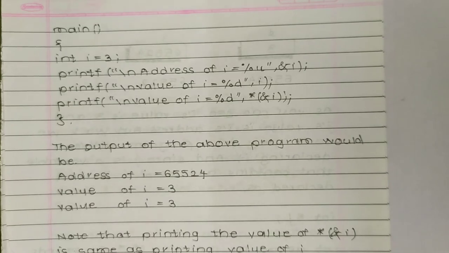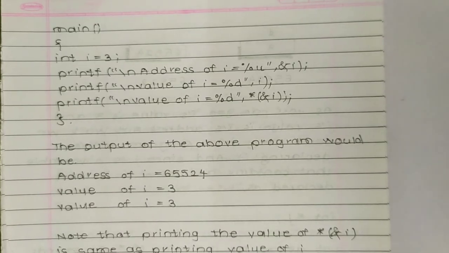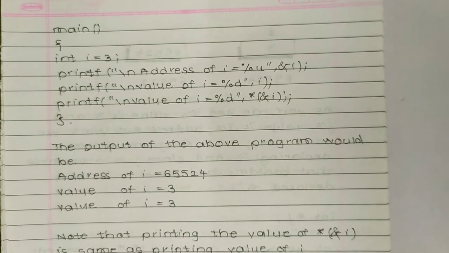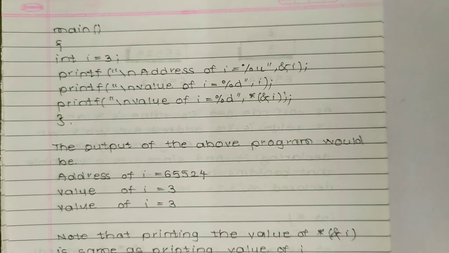Now printf \n value of i = %d, *(&i). The output of the above program would be: address of i = 65524, value of i = 3 and value of i = 3. So these are the outputs of the program.